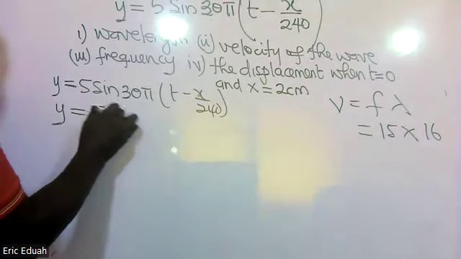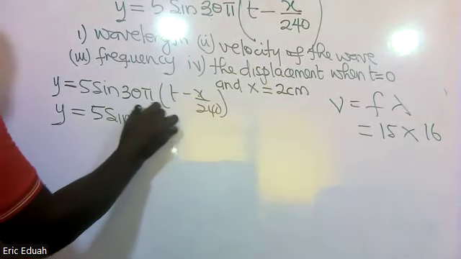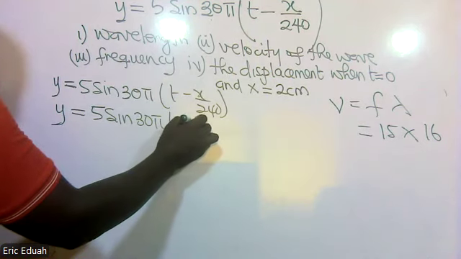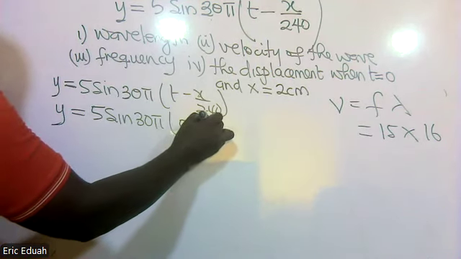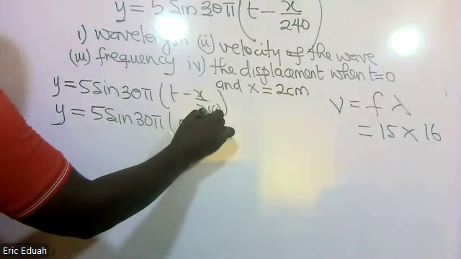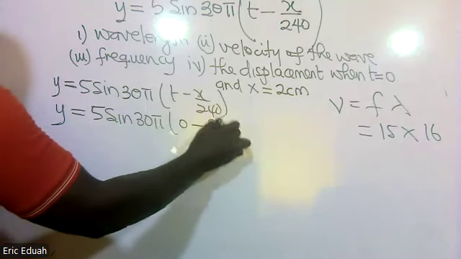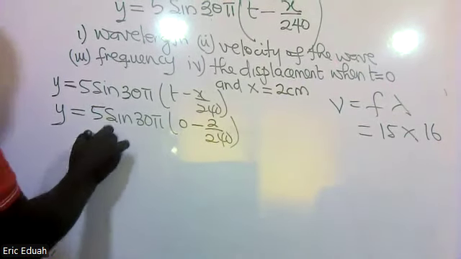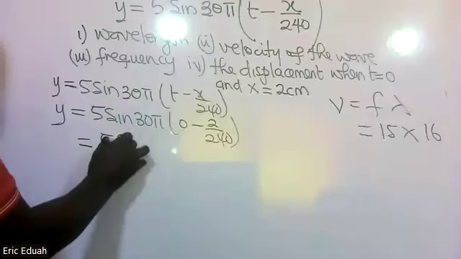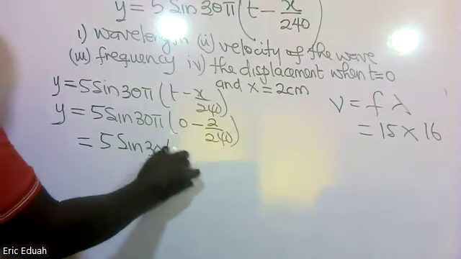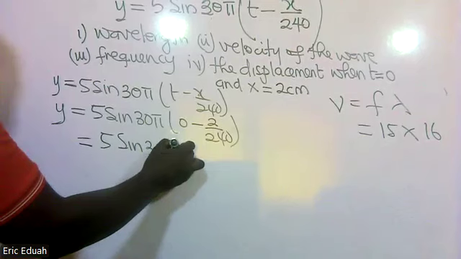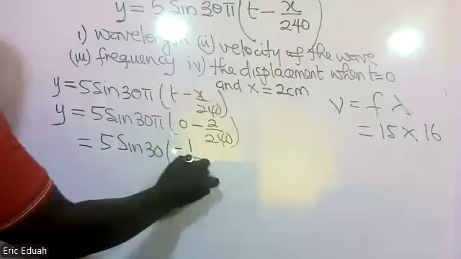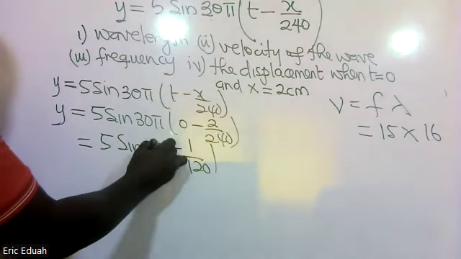So 5 sine 30 pi t is 0, x is 2 on 240. So we have 5 sine of 30 pi times minus 1 on 120.